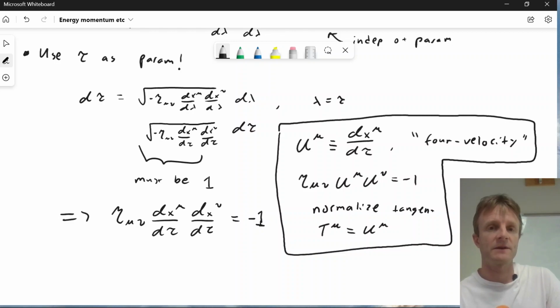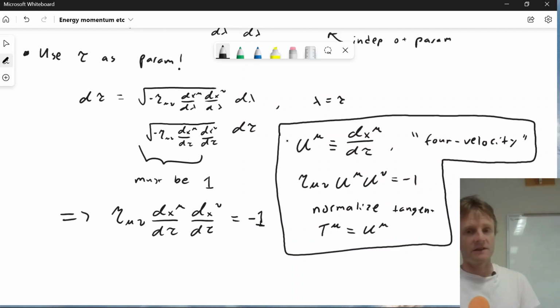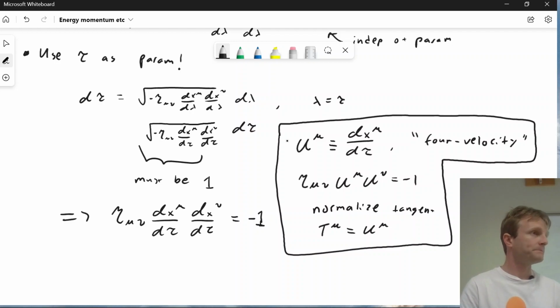So for a time-like world line, we can't make the tangent vector's length positive, but we can set it to a canonical negative number, and we choose minus 1. And that has the interpretation that our parameter is proper time. And we're going to do this in curved spacetime too, which is why I go so slowly, because I'm not going to go that slow when we get to it again.